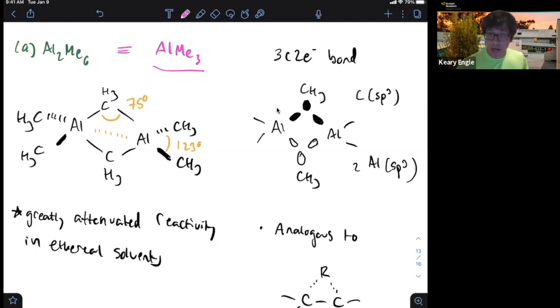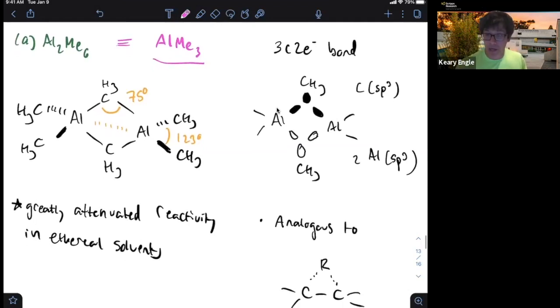I've included the bond angles, and you'll see significant deviation from the typical tetrahedral geometry of an sp3 methyl group. At first glance, you might be uncomfortable with this structure because you violate one of the first rules that you learn in organic chemistry, which is not to draw 5-coordinate so-called Texas carbon.